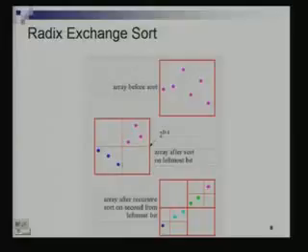Those will come together, and the ones for which it is a 0 will come together. Those numbers whose value is more than 2 to the b minus 1, I am moving to the right part of my array, and the numbers which are less than 2 to the b minus 1 are in the left part of my array, right?